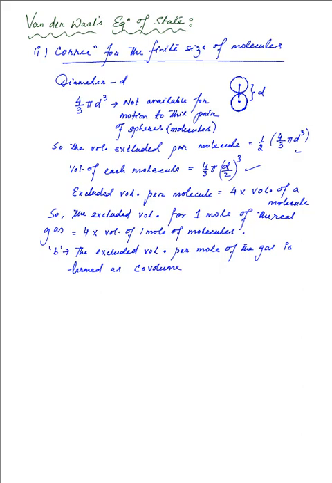So for n moles of real gas, here n is the number of moles of real gas, the excluded volume will be equal to n times the excluded volume for 1 mole, that is n times b, the co-volume.